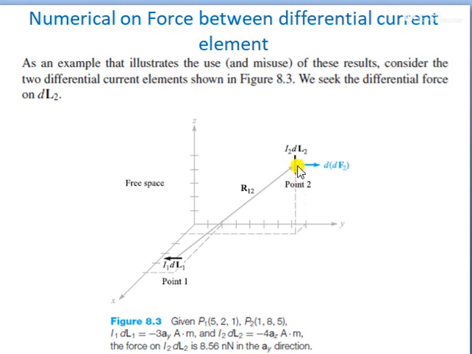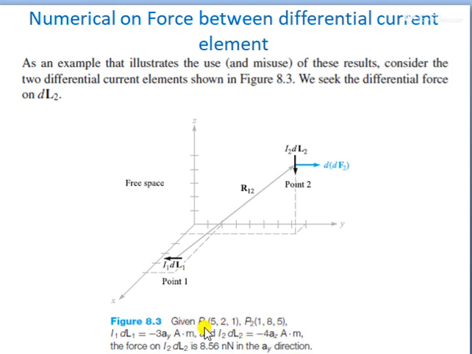So hence you will get a point here. I1 dL1 is minus 3 aY ampere meter, and I2 dL2 is minus 4 aZ. So one is in the opposite direction and the other is in the downward direction. The values of current are given, and you have to use them.